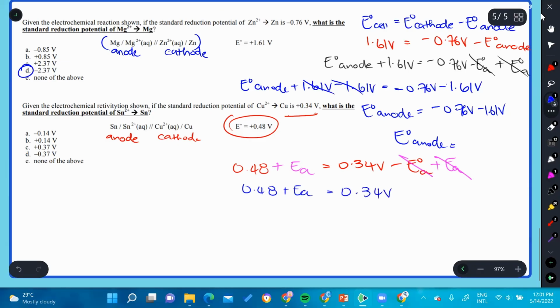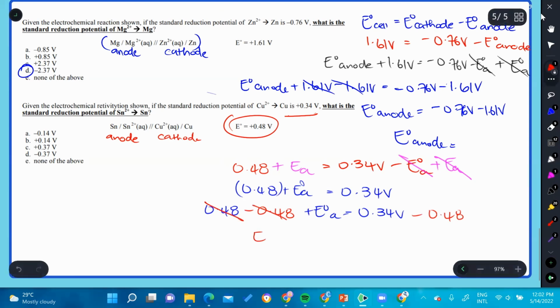Now we need the equation to read as the E naught of A, or the electrode potential of the anode, is equal to whatever. So we need to get rid of this 0.48. Seeing that it's a positive 0.48, in order to get rid of it, we'll subtract 0.48 from both sides. So 0.48, and we can put back plus the E naught of A being equal to 0.34 volts minus 0.48. So this 0.48 cancels this one.